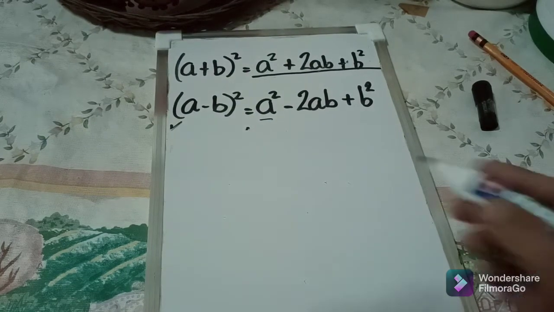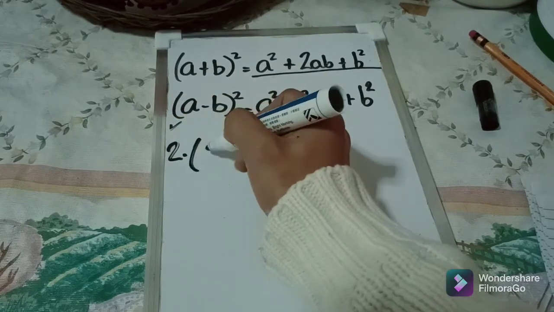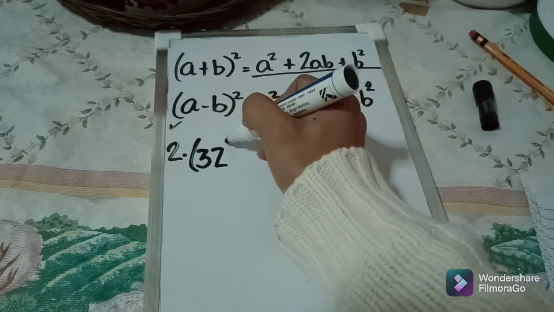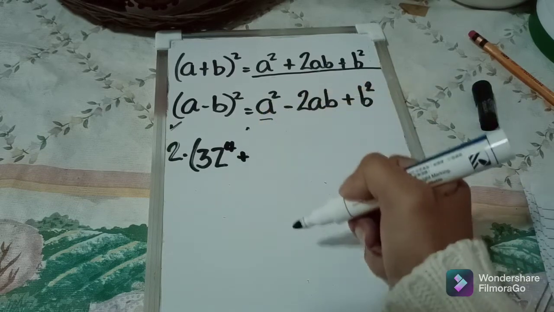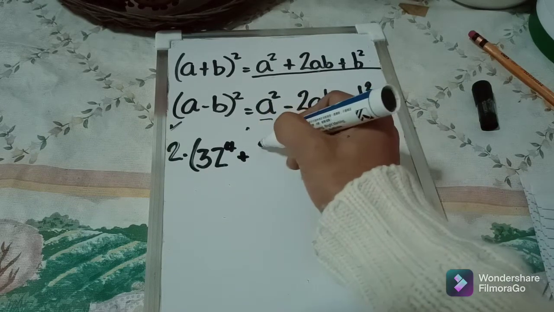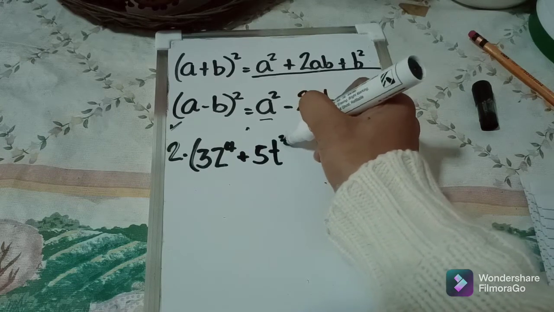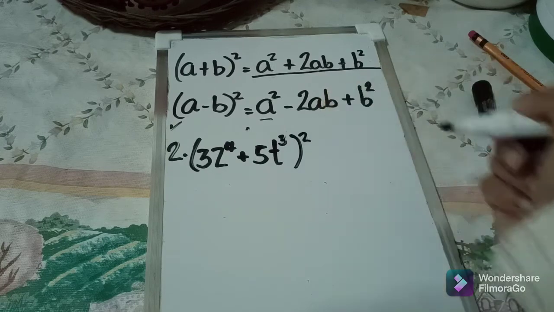Let's go for another example. Number 2: let's say we have (3z to the 4th power plus 5t to the 3rd power) squared.